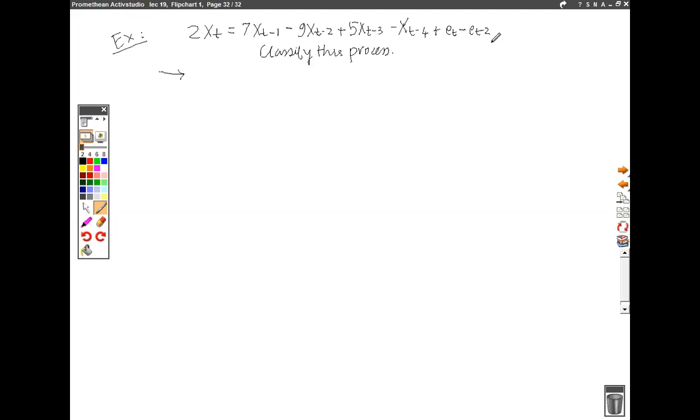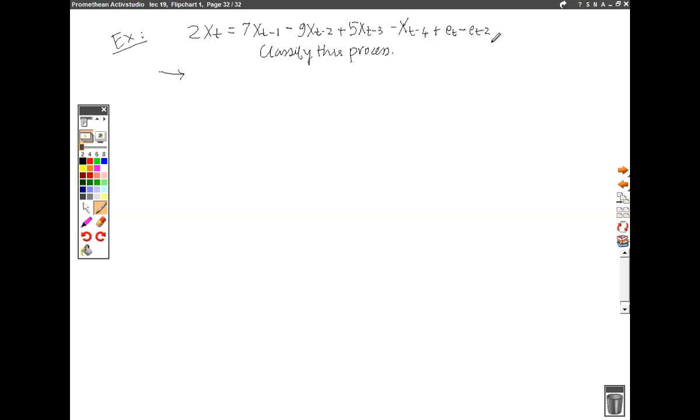ARMA process. Yeah, I couldn't hear you. ARMA process with what parameters? 4 and 2. Okay, that is actually a very good guess. But let me tell you, that is not what this model is. So let us see what happens.